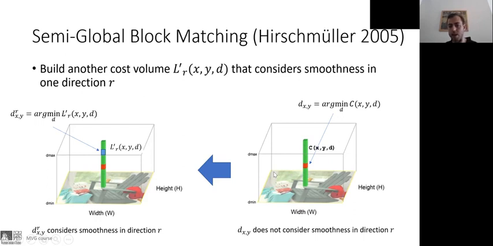And they transformed it to a new cost volume that considers smoothness. So in this case, if I take the winner takes it all solution, which will be just the argmin for pixel xy over all k disparities, I'll get a solution that considers smoothness in direction R. That's another contribution for moving from a volume that does not consider smoothness to a volume that does consider smoothness.